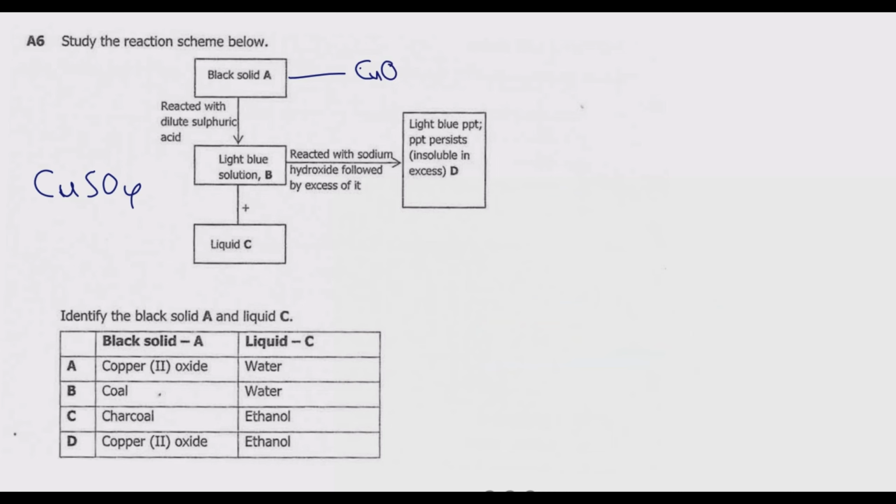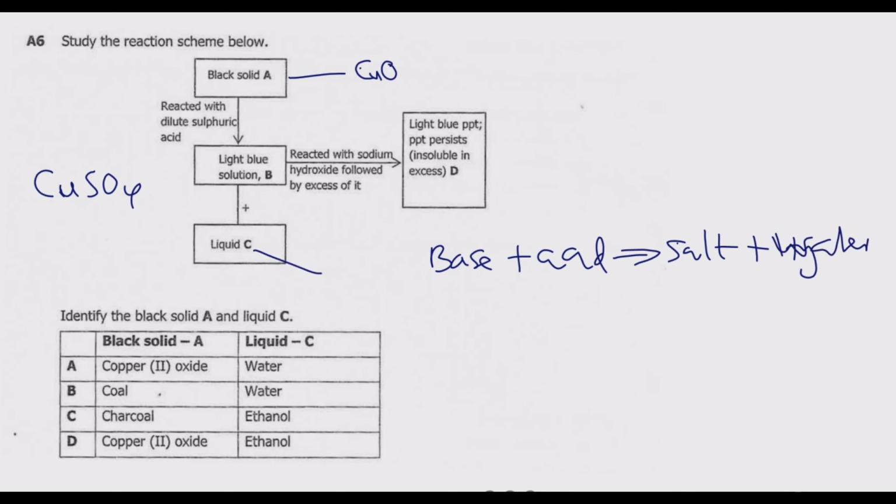So if this is copper oxide, you know that copper oxide is a base. So base reacted with acid, we end up with neutralization, which is basically a salt plus water. So basically this liquid C should be water.